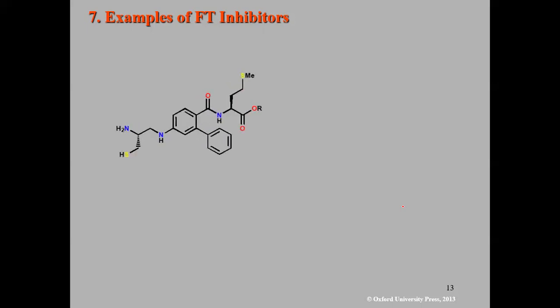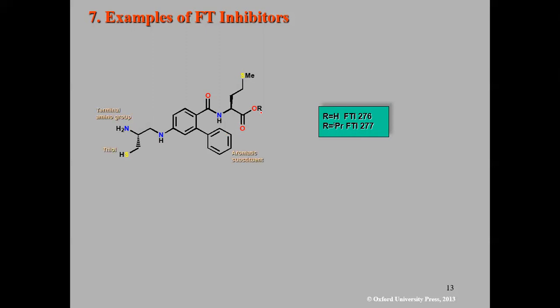this problem. Okay. First, the FTI 276, where the R group is hydrogen, while the FTI 277, where the R group is isopropyl, which means they mask the terminal carboxyl group.